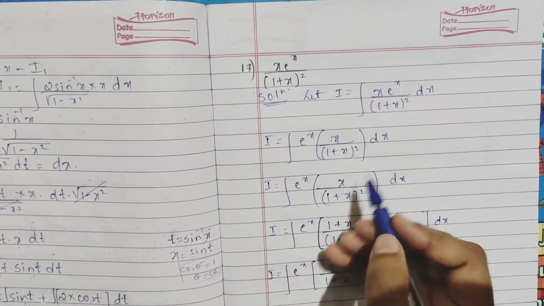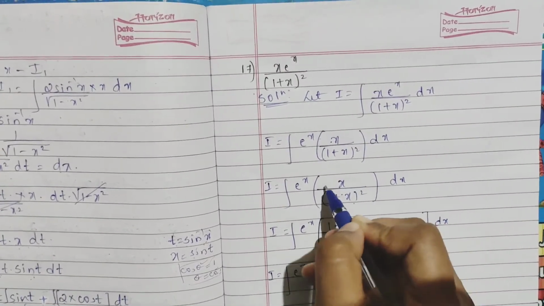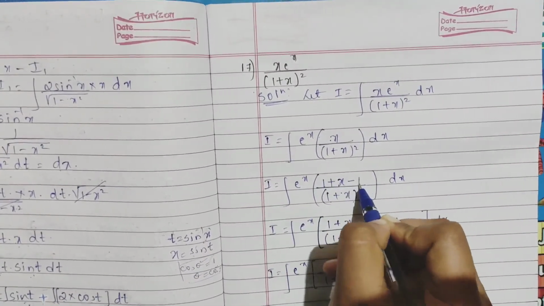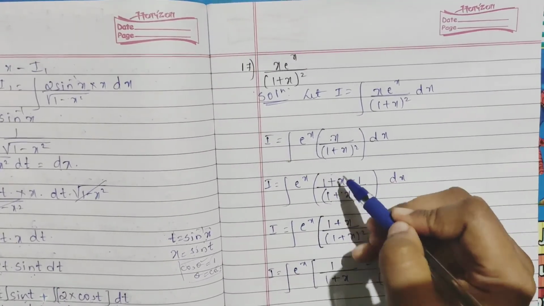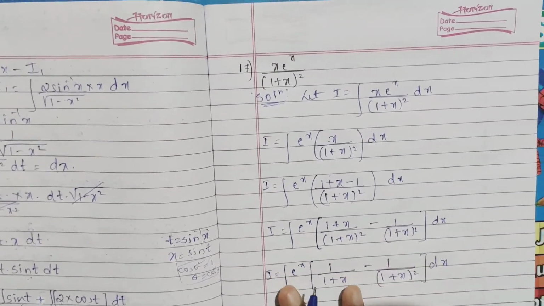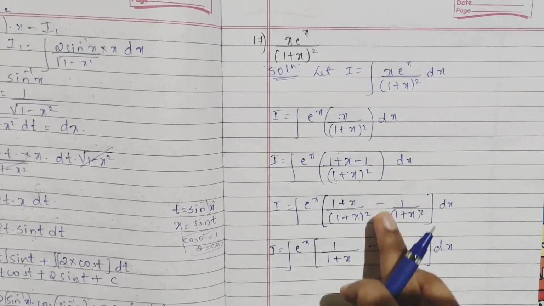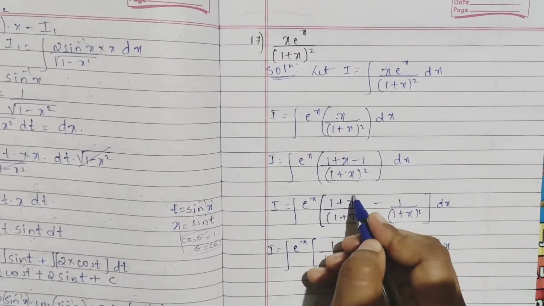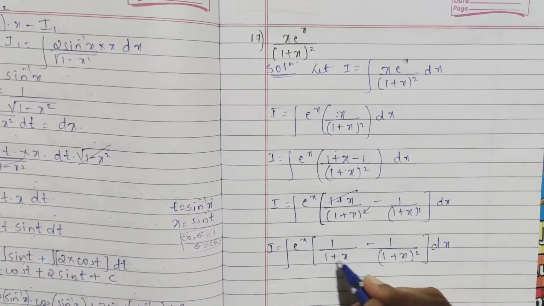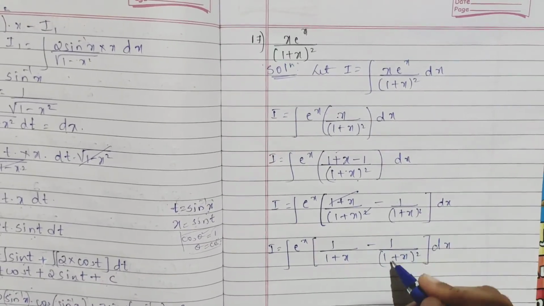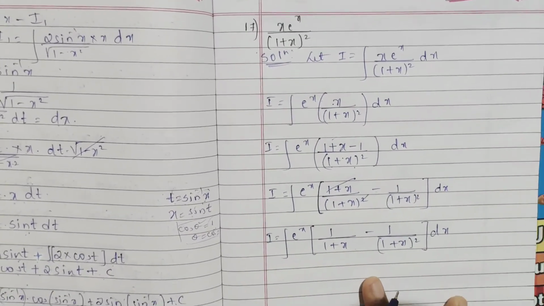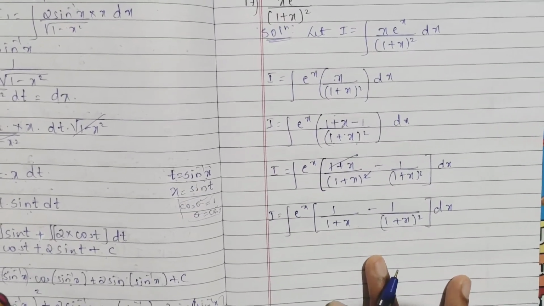So you have 1 plus x, so I'll add and subtract 1, right? Then what we do, this by this, this by this. So in the same way, 1 plus x divided by 1 plus x square minus 1 by 1 plus x square. So this and this get cancelled, you will be having 1 by 1 plus x minus 1 by 1 plus x square. Now if you can see, it is taking one form.